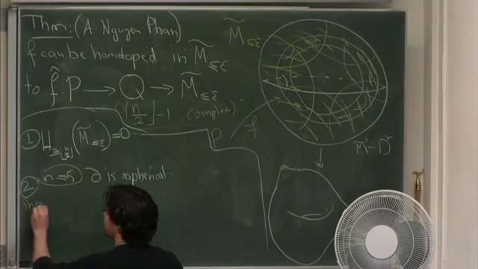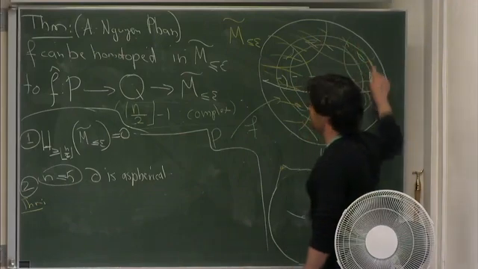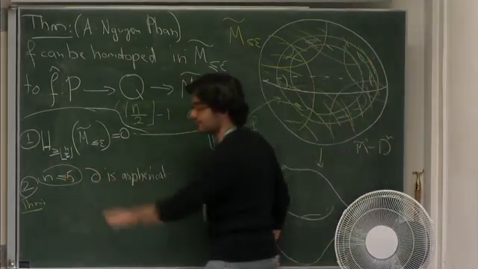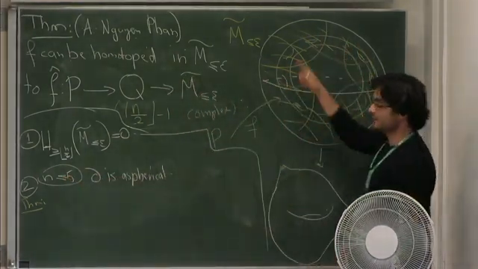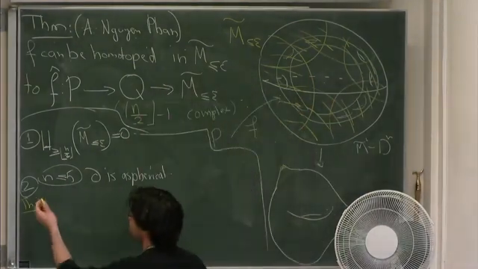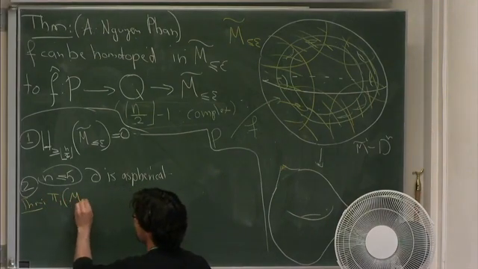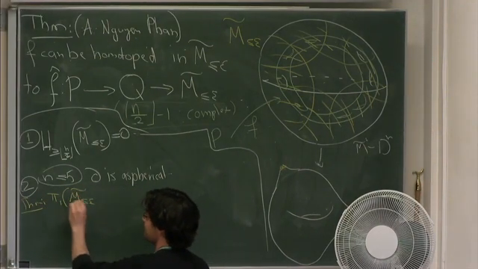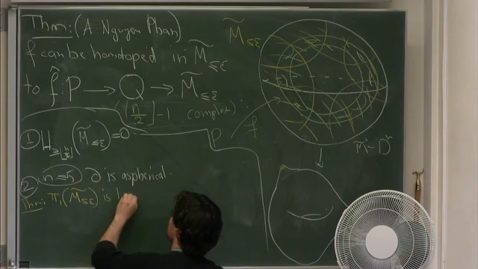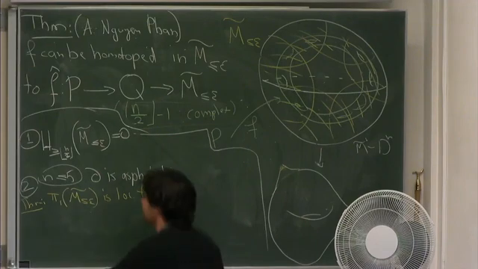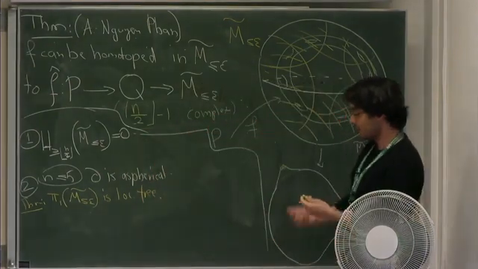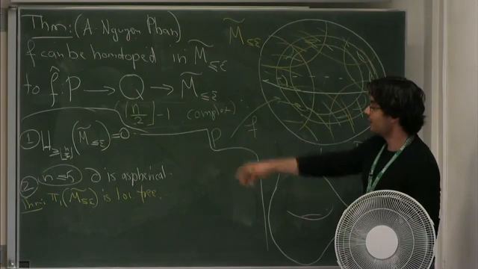If you look at the thin part up here, again in dimension n less than or equal to 5, the fundamental group of this is locally free. So pi 1 of each component of this cover of the thin part is locally free.